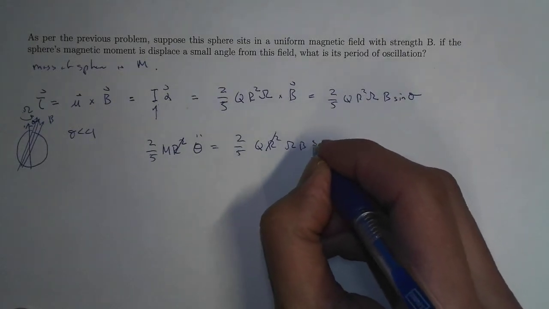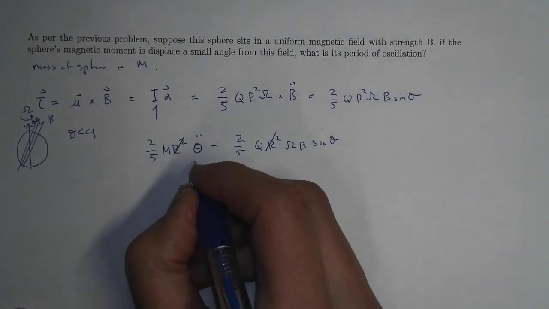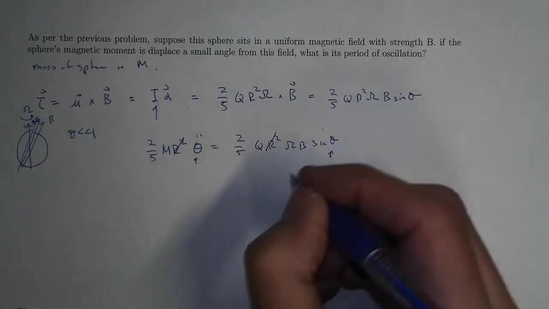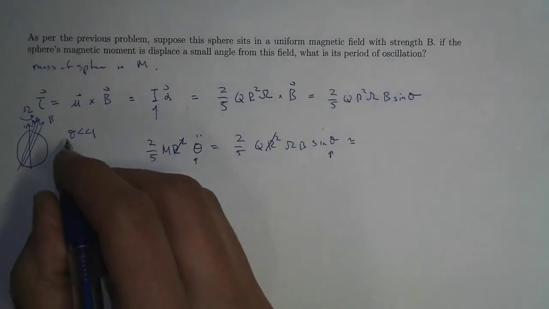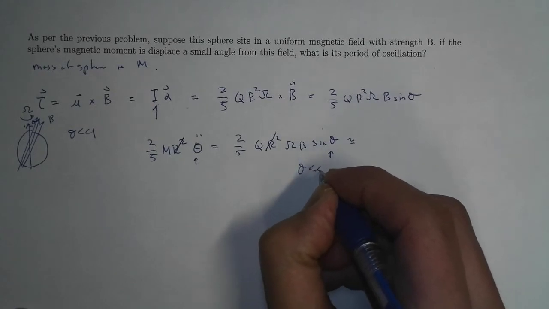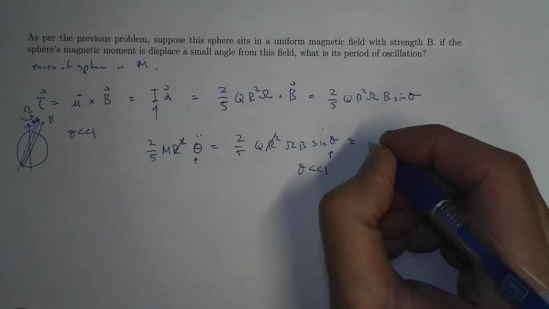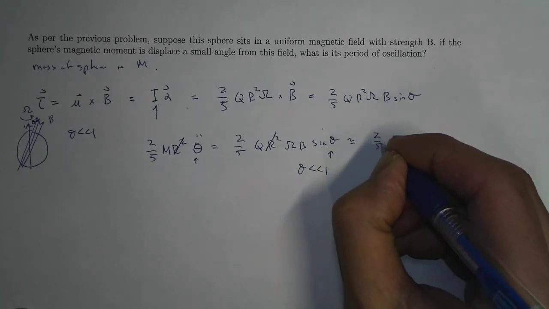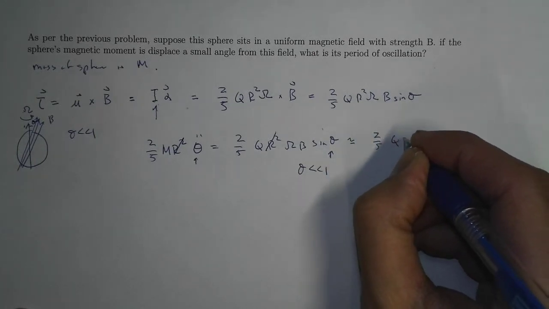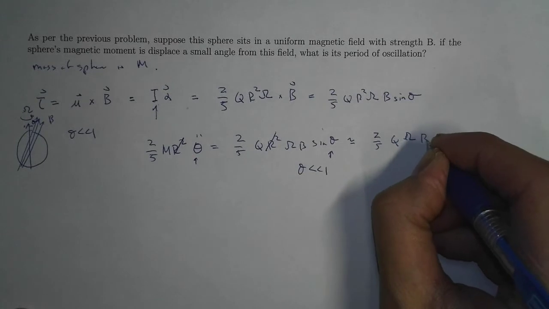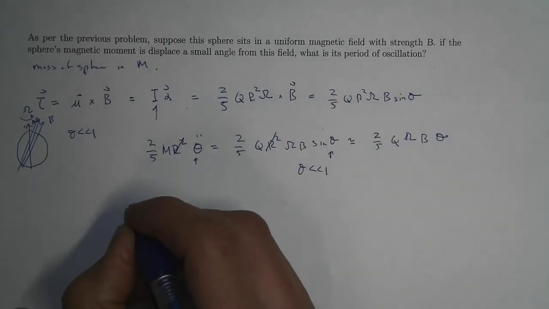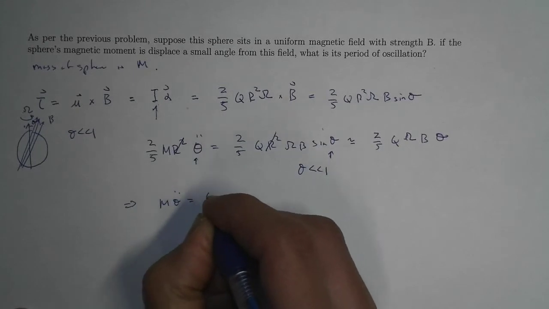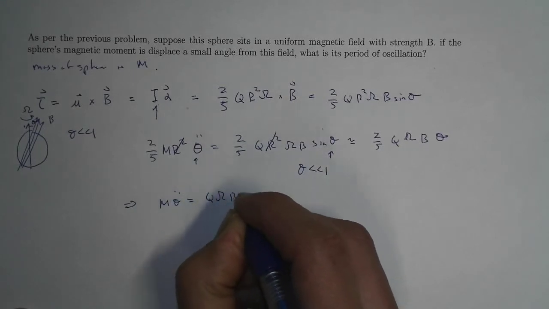One thing we have to be careful about is that this equation itself is not solvable. So using the condition that theta is much, much less than 1, you can approximate sine theta as roughly theta. So this becomes 2/5 q omega B theta, and what you end up having is that m theta double dot is equal to q omega B theta.